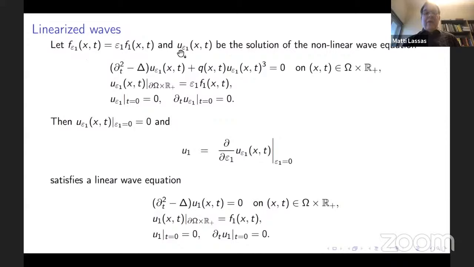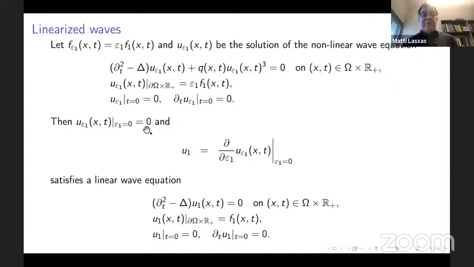And I denote by u epsilon 1 the solution of this nonlinear wave equation when the Dirichlet boundary value is this small parameter epsilon 1 times a known source. So let's consider first what happens when epsilon is 0. Then the initial data is 0, boundary value is 0, so the solution of this equation is identically 0.